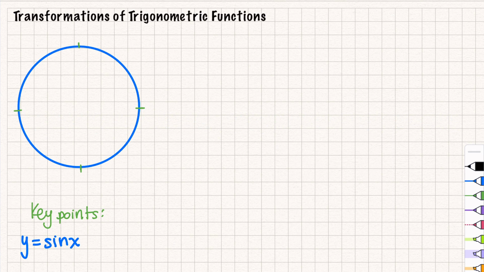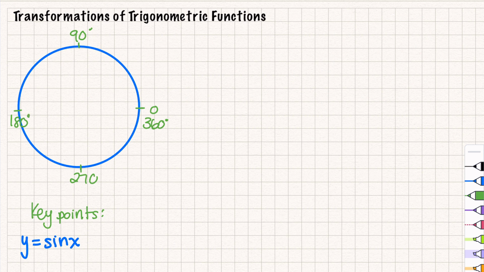Now, when we're looking at transformations of trigonometric functions, before we start, I just want to review from the last course that when we're looking at sine and cosine, we're using the unit circle. So in terms of our unit circle, we know we start at 0, then we move to 90, 180, 270, and then 360.